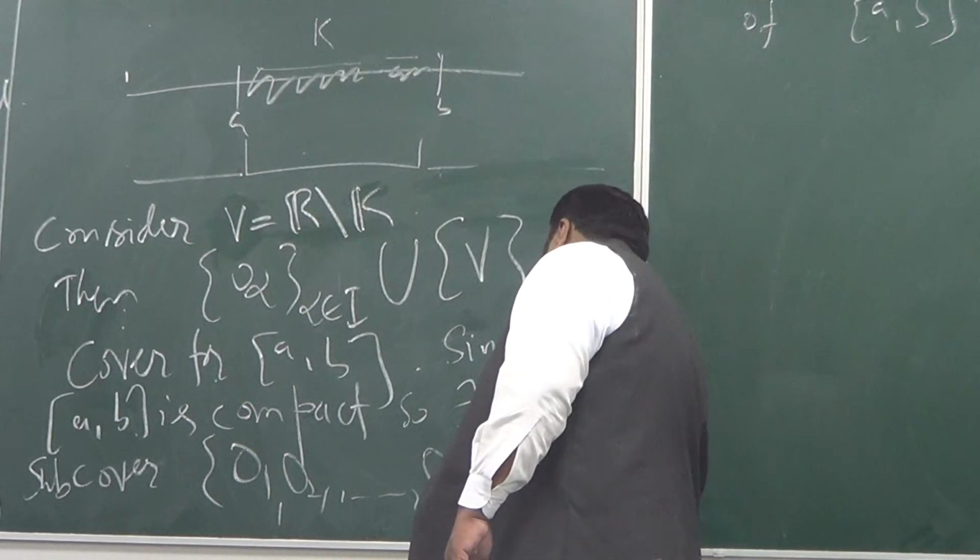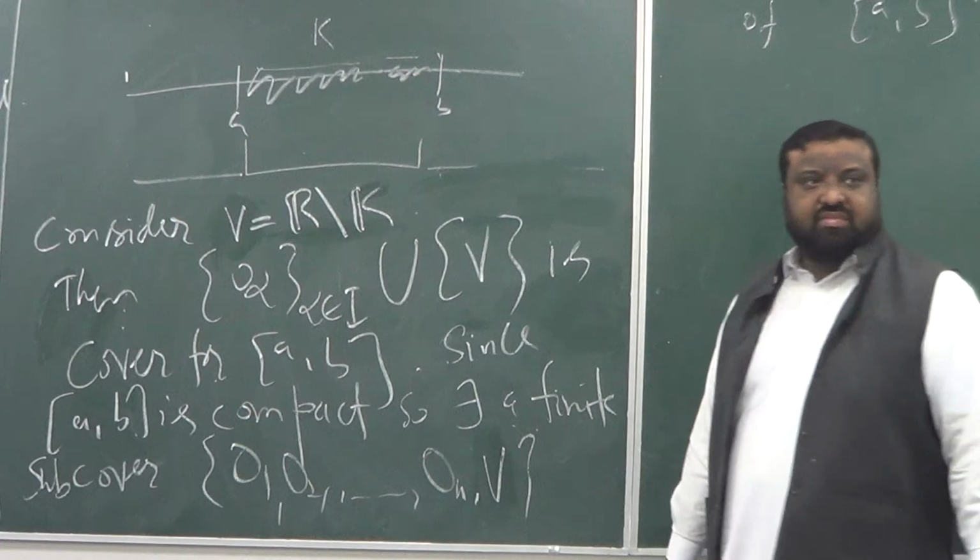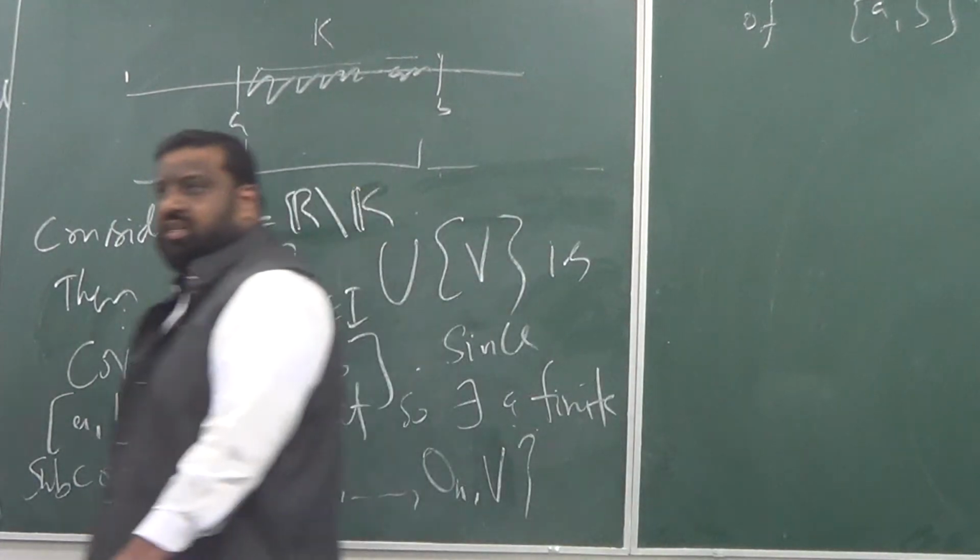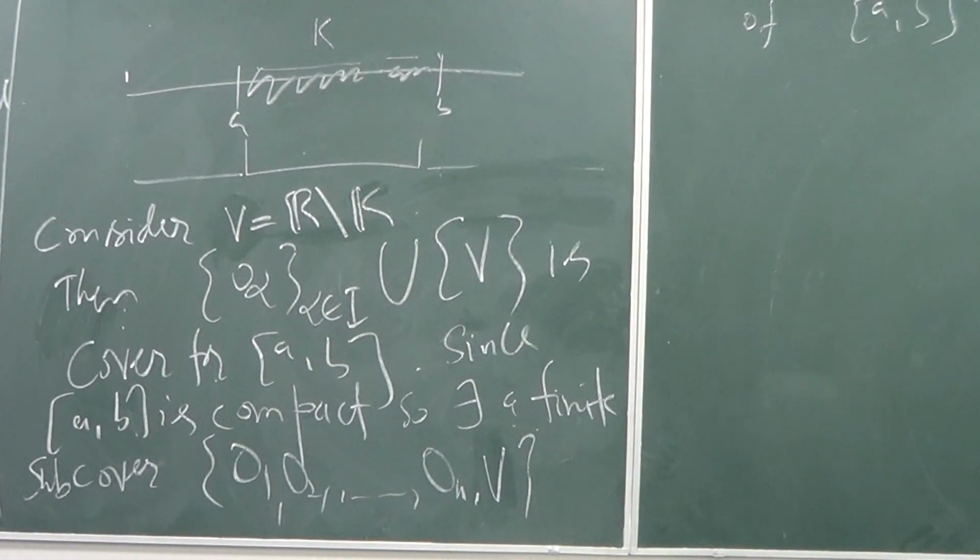So if I add V, it is still finite. There's nothing wrong with it. It is still finite.